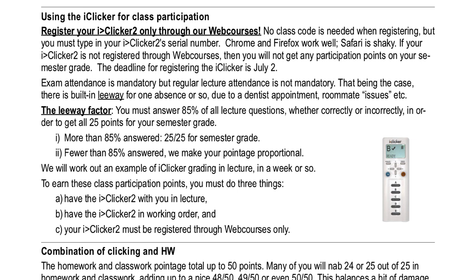I usually give people a bonus point for registering before the deadline. So get your clicker. Who doesn't have a clicker? Anybody? Bueller? Okay, get yourself a clicker and register it. If you register it before July 2nd, you'll get a bonus point.